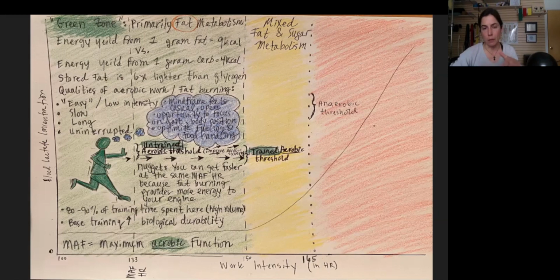So what he found was, if he took somebody that was running a 15-minute mile, and he said, for the next 4 to 6 weeks, I want you doing all your zone 1, zone 2 work at your MAF heart rate, and it's 133, he would see that over time, they would take that 15-minute mile, stay at that same heart rate, and get faster and faster and faster, but not by increasing their heart rate. He would keep them training there until they plateaued.